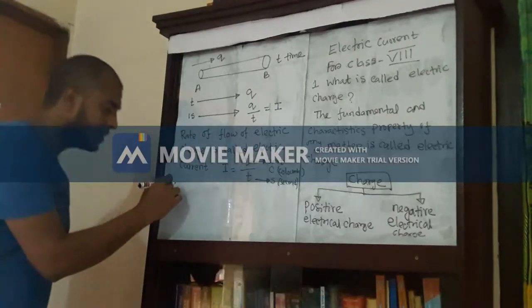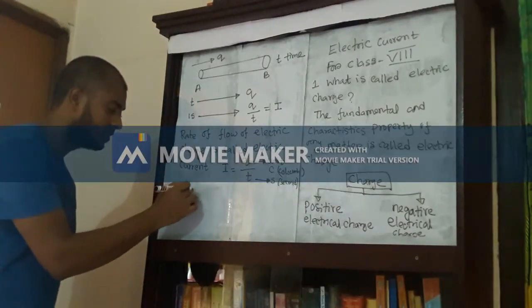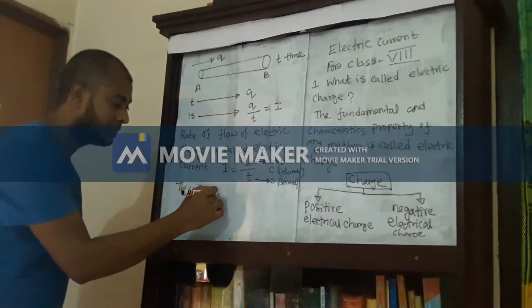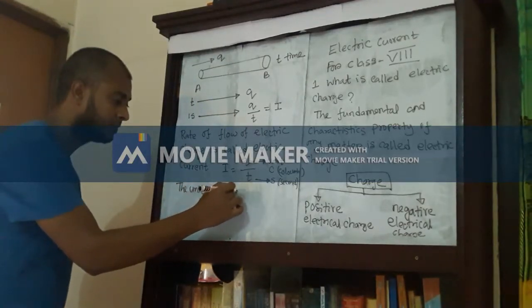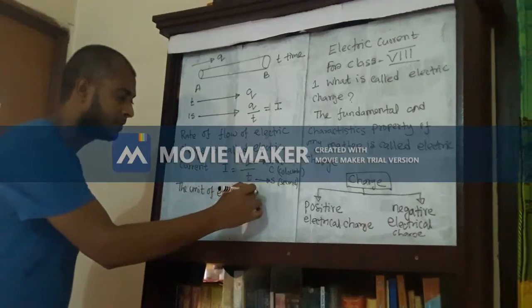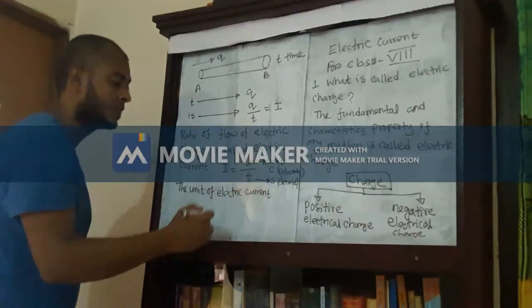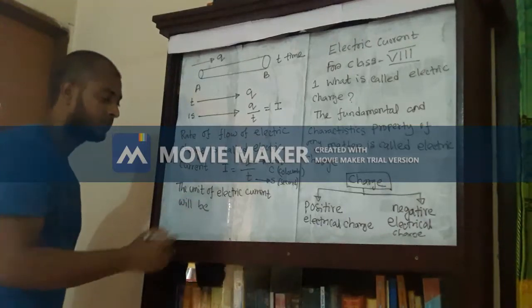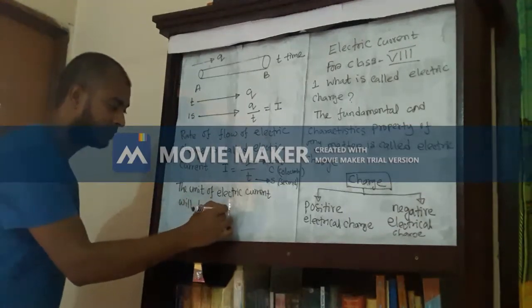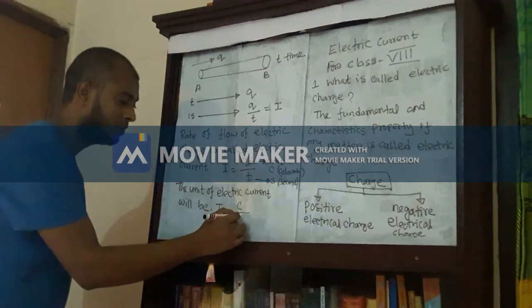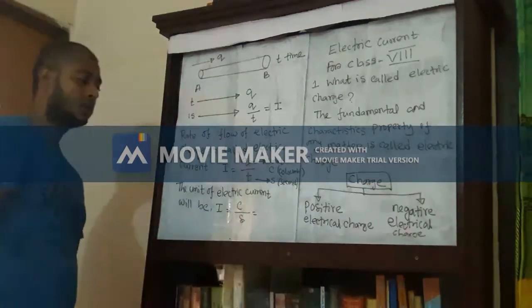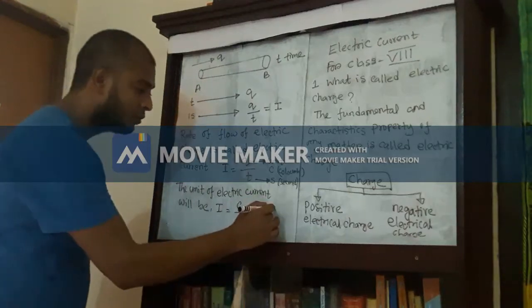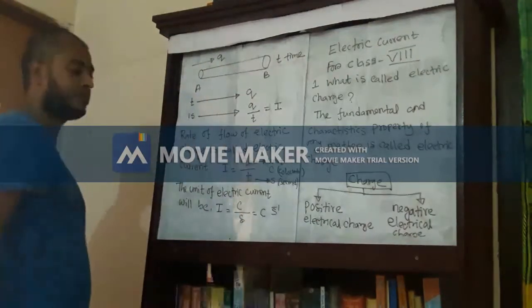So the unit of electric current will equal to Q by S. So in this segment, I can say that coulomb per second.